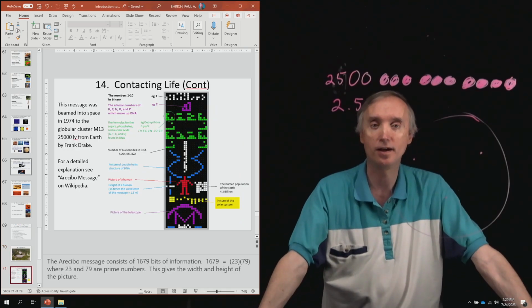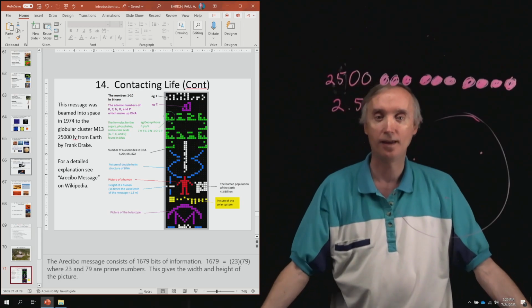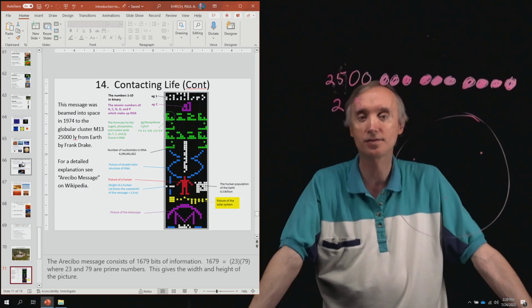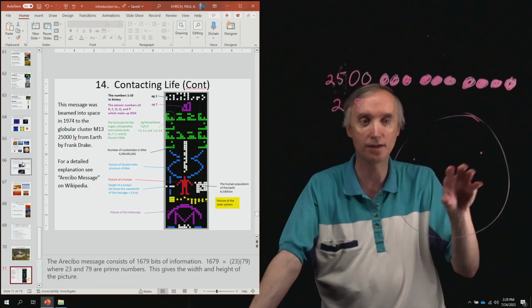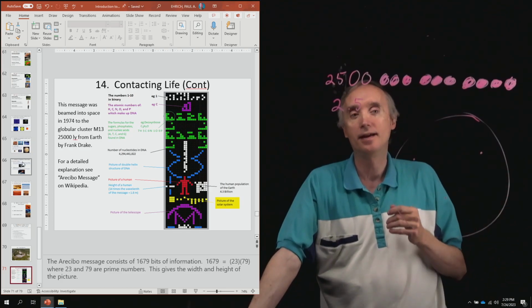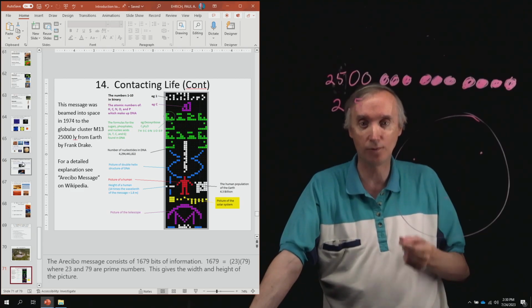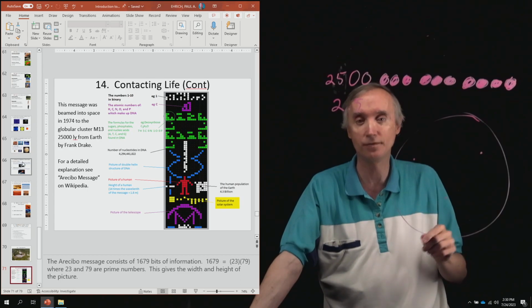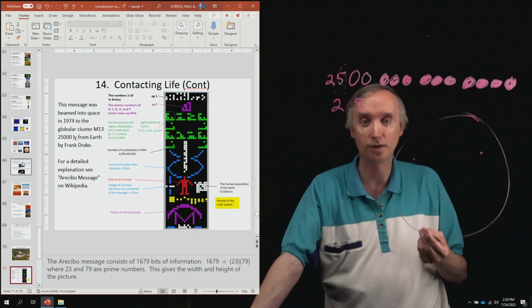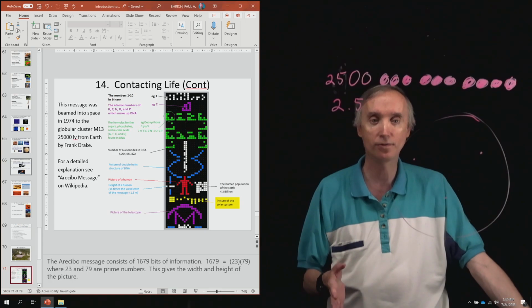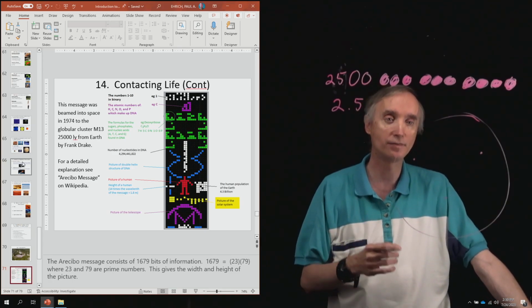So this is called the Arecibo message, and it consists of 1,679 bits of information, dots and dashes. Now, what an alien civilization is supposed to recognize is that 1,679 is equal to the product of two prime numbers, the prime number 23 and the prime number 79.